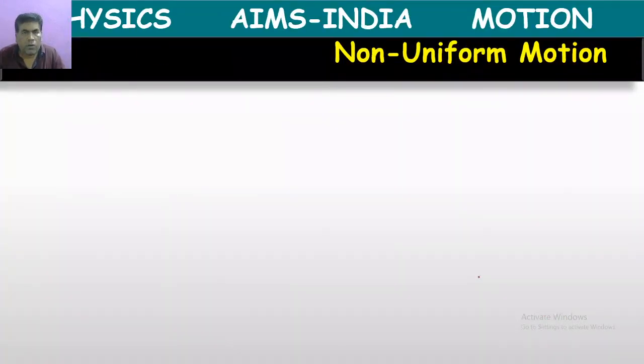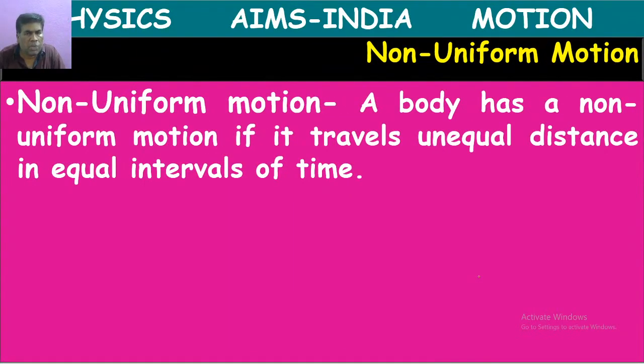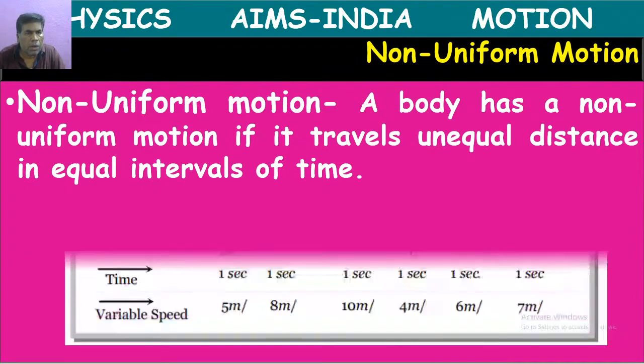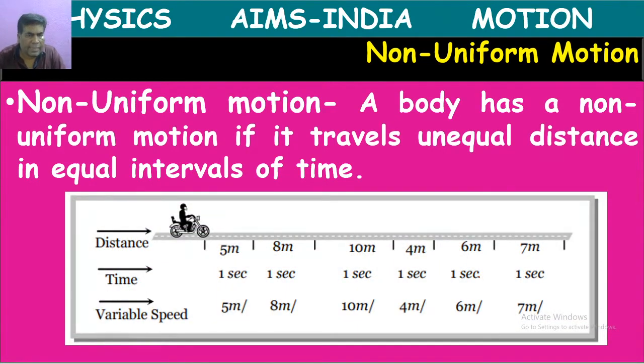Okay. So if you take non-uniform motion, like this example, here the bike is traveling in 1 second, 5 meters. After 1 second, 8 meters. After 1 second, 10 meters. After 1 second, 4 meters. After 1 second, 6 meters. After 1 second, 7 meters.